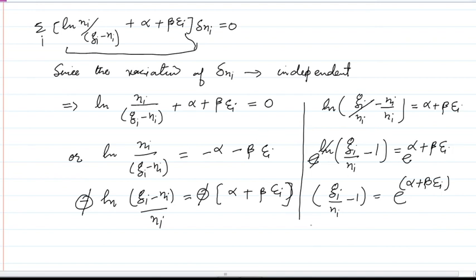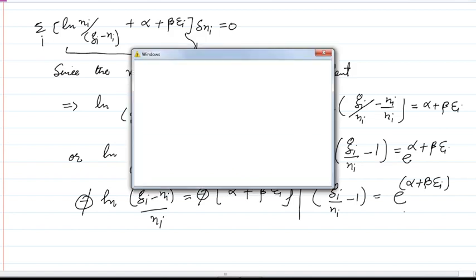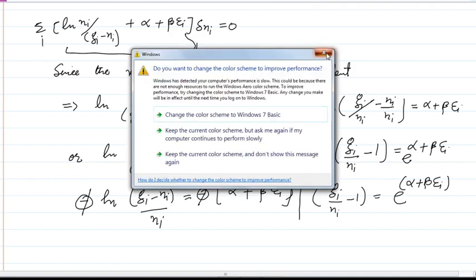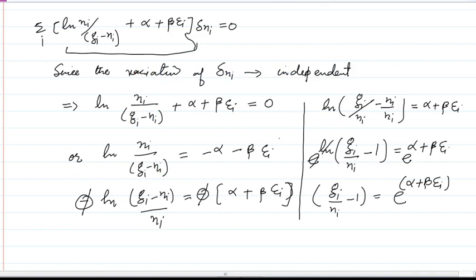That means if we take this minus 1 to the other side, it will then be plus 1, so we can simply write a simple relation which is Ni will be equal to Gi upon e raised to the power alpha plus beta Ei plus 1.